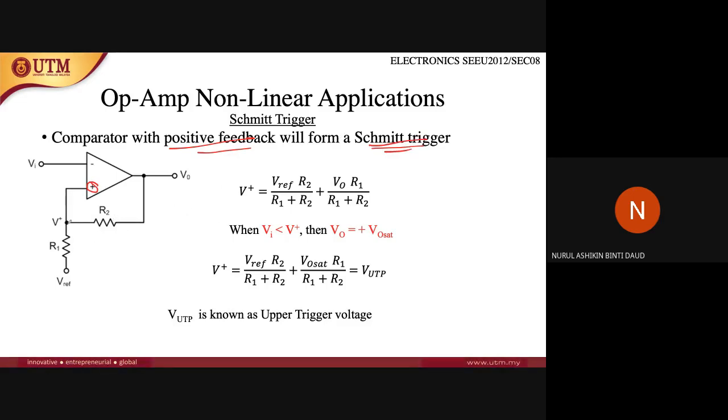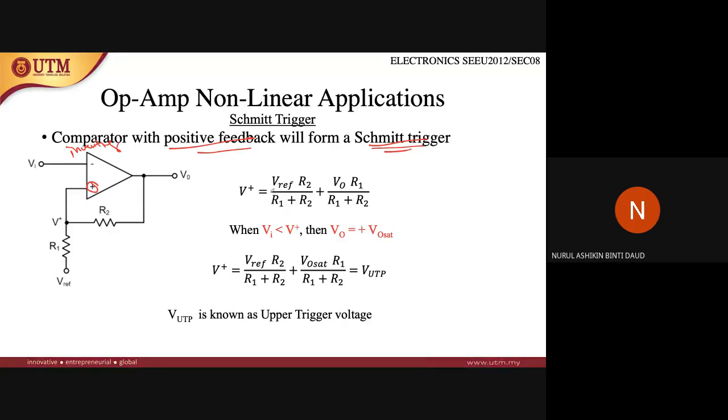So in this case V reference is at the positive terminal. Sorry, this is an inverting comparator. So in order to get the Schmitt trigger, you need to add the positive feedback.